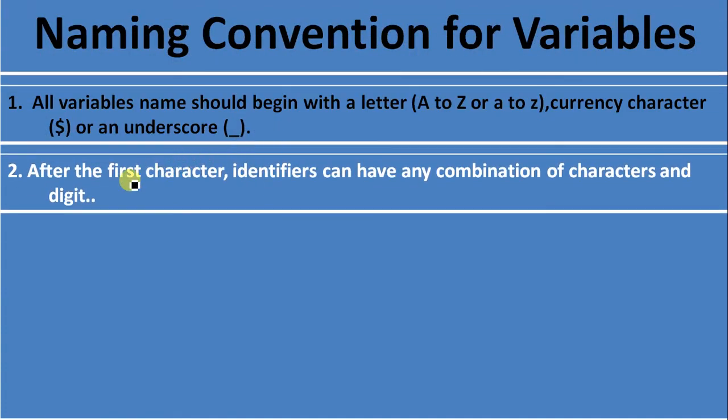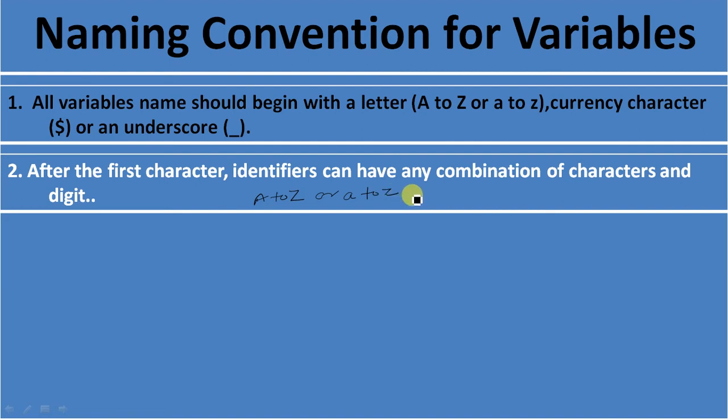Second rule is after the first character, identifiers can have any combination. Identifier means the name of the variable. Identifiers can have any combination of characters and digits. What does it mean? For defining a variable name, you should start the variable name with capital A to Z or small a to z.